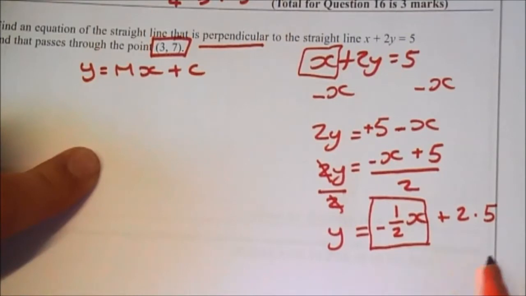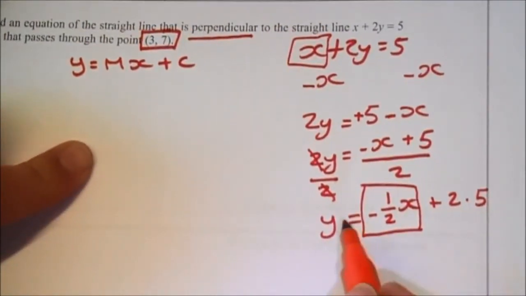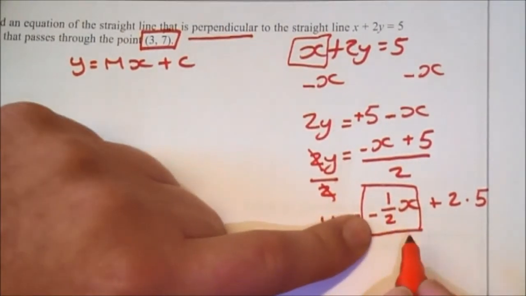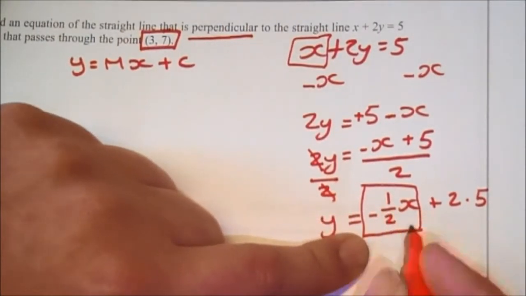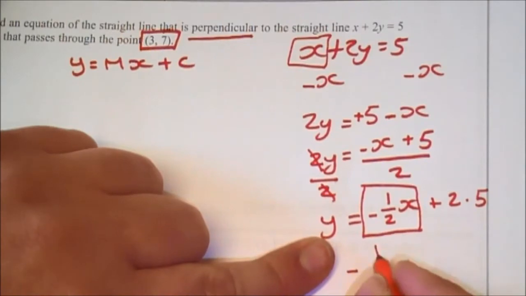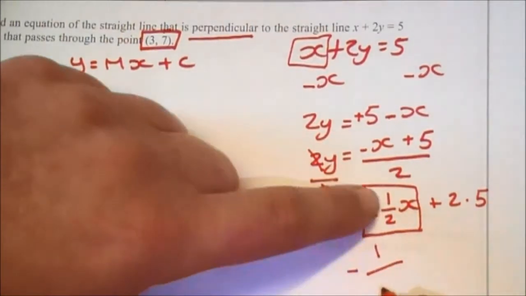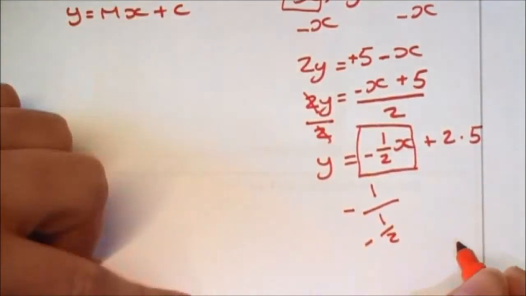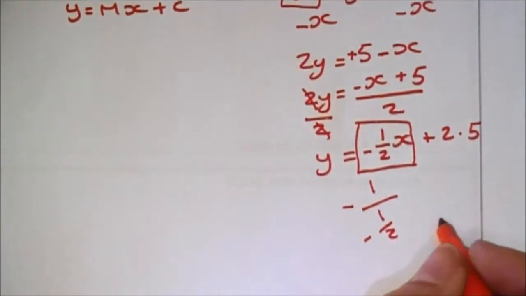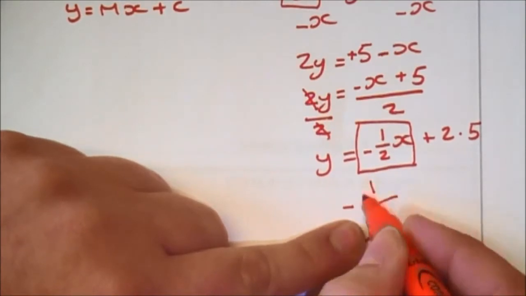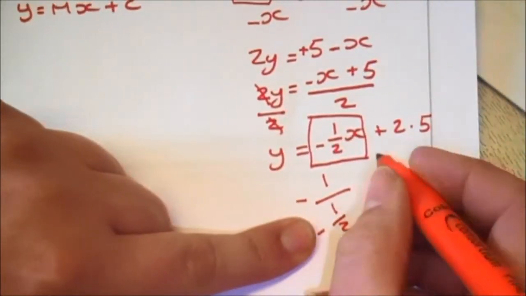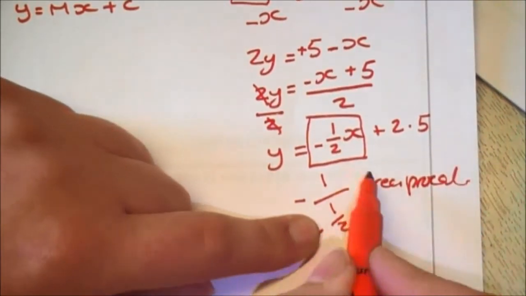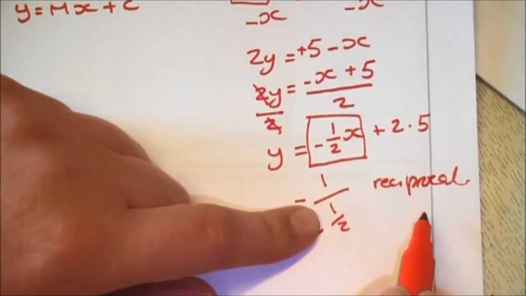So the gradient of the equation of my line, when it's in the form of y equals mx plus c, the gradient of the perpendicular is going to be usually negative 1 over, and then whatever the existing gradient is. In this case, it's a negative a half. So things get quite tricky here. You can think of it as 1 over, or you can think of it as being the reciprocal. Now, 1 over is the reciprocal.